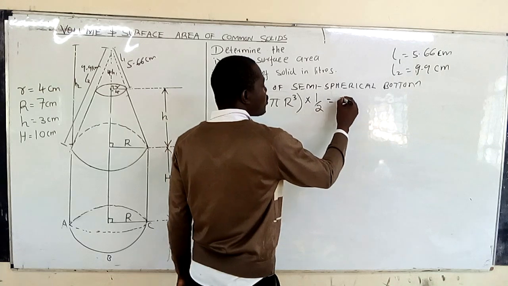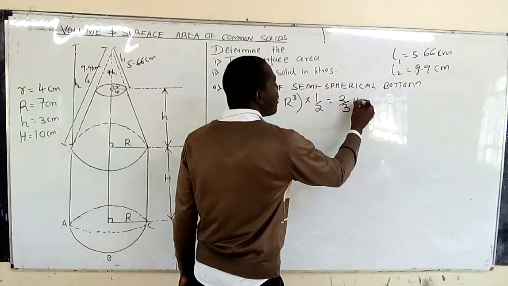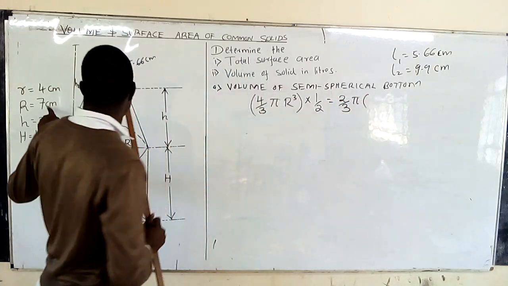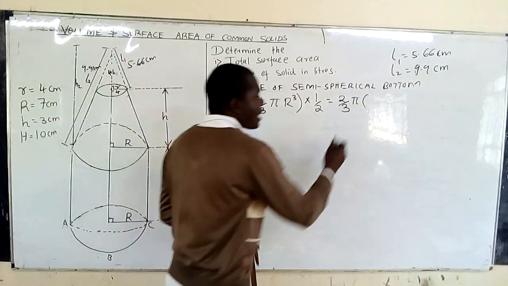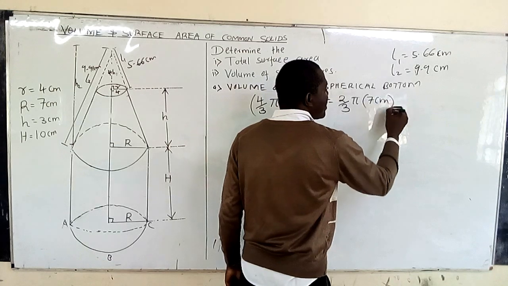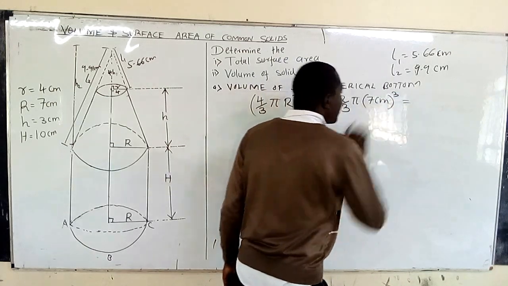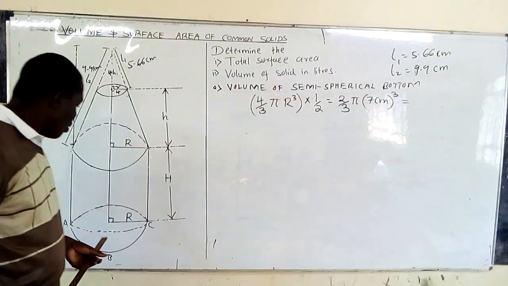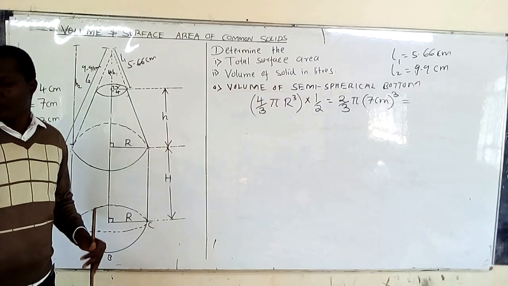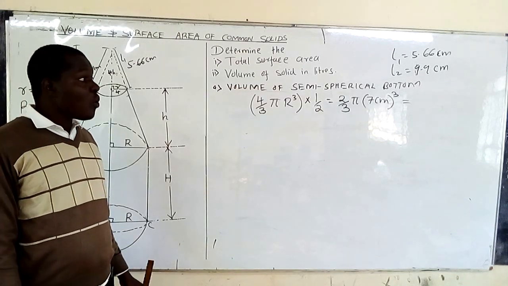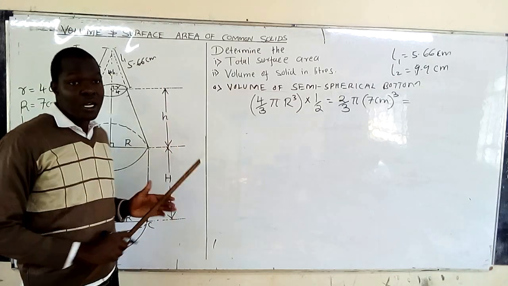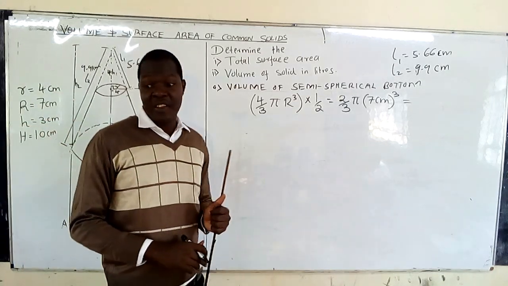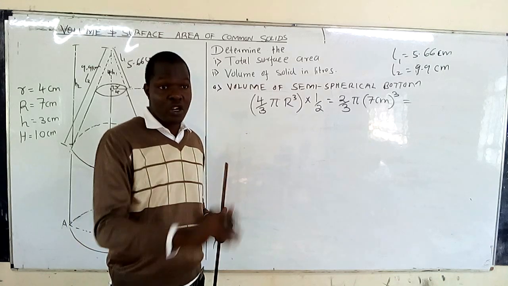So you get 4/3 times a half is 2/3 pi, then r cube. And capital R, you are told, is 7 centimeters. So 7 centimeters, then cube. If you work this out, what do you get to be the volume of the semispherical bottom? You see why I'm taking my time to handle these cases of volume and surface area. Because they are very easy things, and they are the things I would expect you to concentrate on, okay?